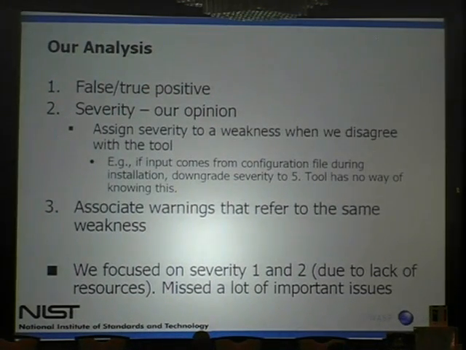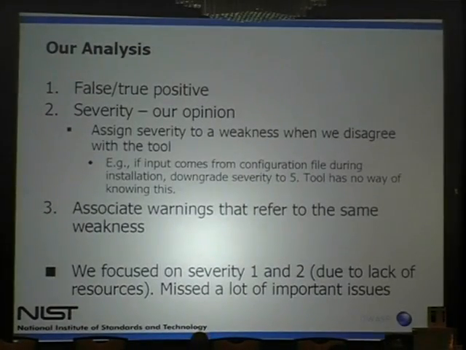Sometimes we would assign a severity to a weakness that is different from what the tool assigned. For example, where input comes from a configuration file during installation, we would downgrade the severity to 5 because it's not really a problem, but the tool doesn't know about this because it doesn't have the context. We also tried to associate the warnings that refer to the same weakness. And due to lack of resources, we focused only on severity 1 and 2 issues and missed a lot of important issues.